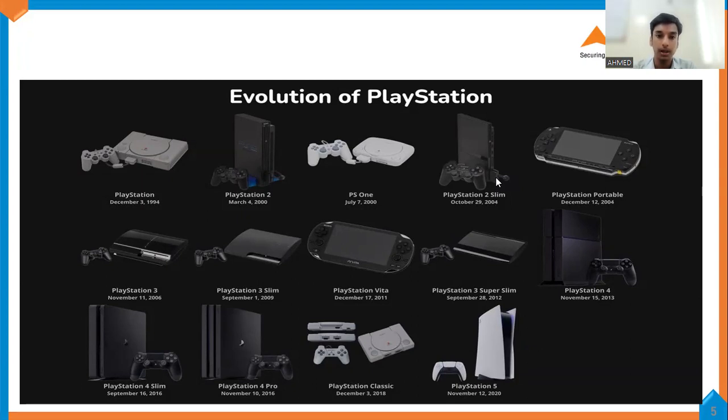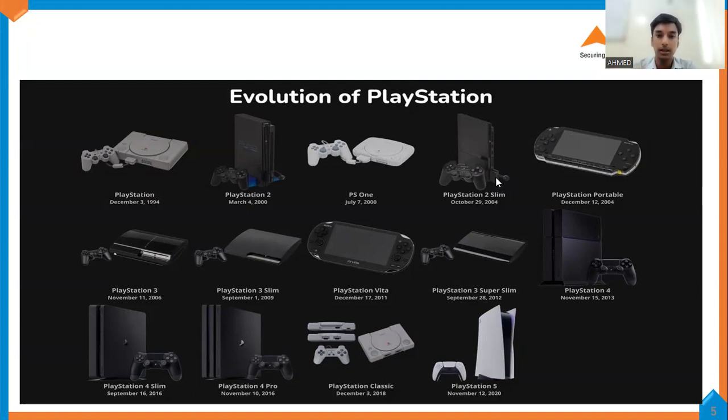After the partnership broke, PlayStation 2 was made in 2000, and PlayStation 2 Slim in 2004, and PS Portable, which we can play in our hands like the Nintendo Switch, also came in 2004. PlayStation 3 launched in 2006, and the PlayStation 3 Slim Edition in 2009.